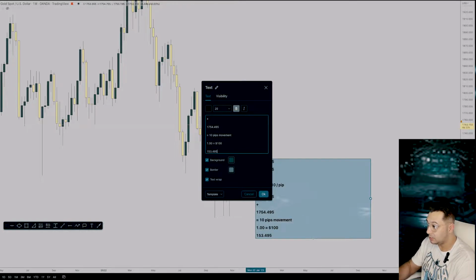Now, one more example, because this is just pretty basic. Same starting number, 1753.495. And we go down to 1750.495. Went down $3. Our last example, we went up $1. Our first example, we went up 10 cents. In this example, we're going down $3.